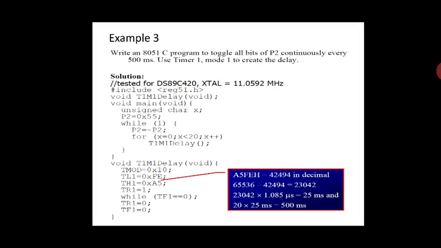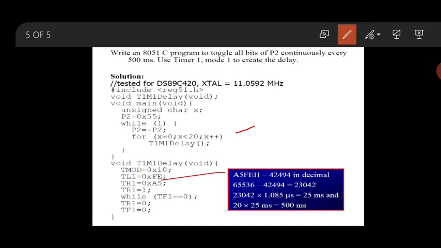Now if I multiply this 23042 with 1.085 microseconds, I get a 25 millisecond time interval. This means I can generate 25 milliseconds, and if it is repeated 20 times, 20 into 25 gives the 500 milliseconds we have taken here.